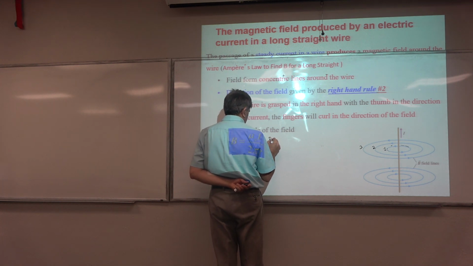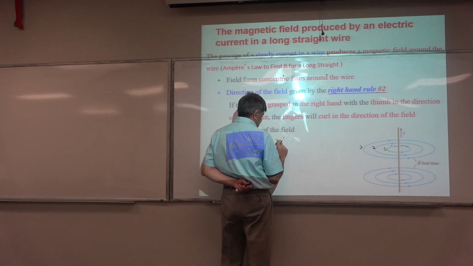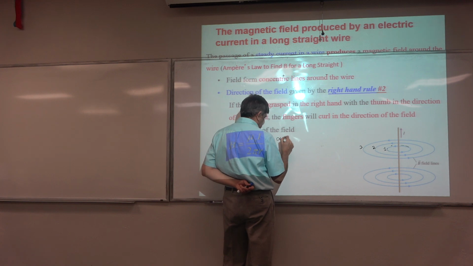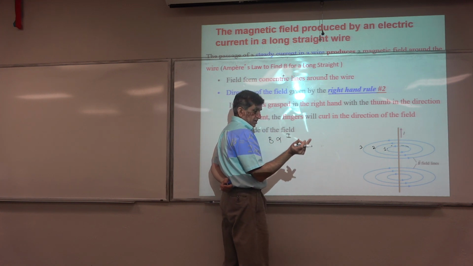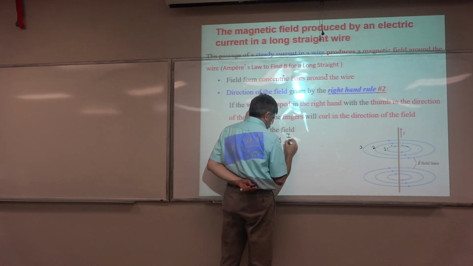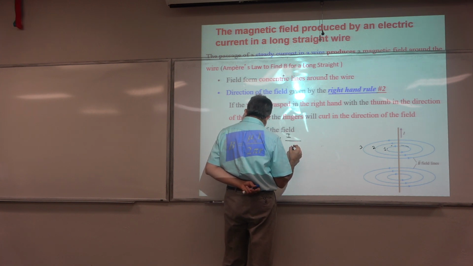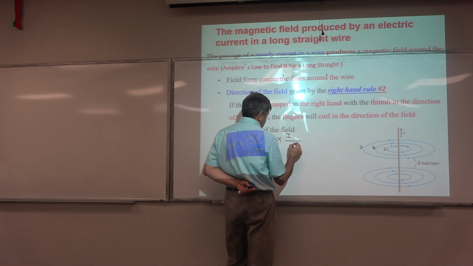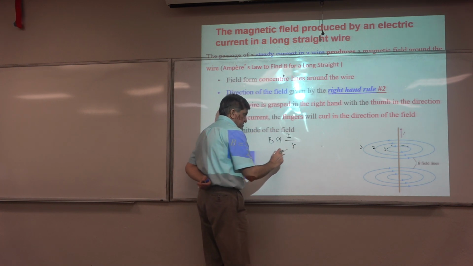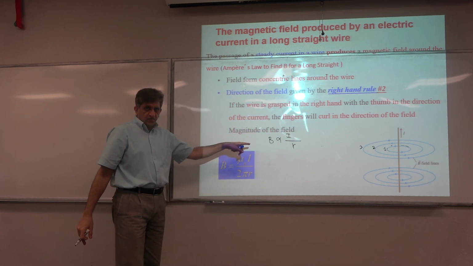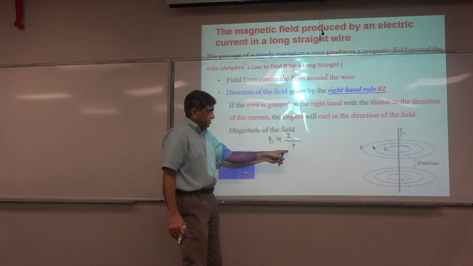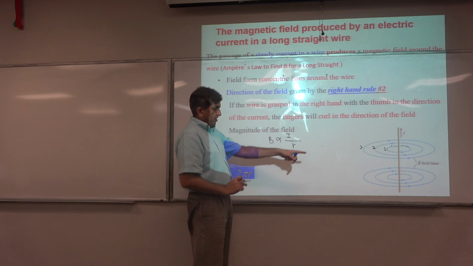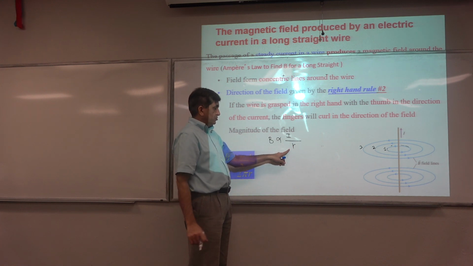Which means this magnetic field is proportional to the current in the wire. More the current, more the magnetic field. Also the separation, the distance around the wire where you are looking at it. So more the distance, less the magnetic field you feel. Smaller the distance, closer you are to the wire. For example, in circle 1 you will feel more effect of the magnetic field produced by the current.